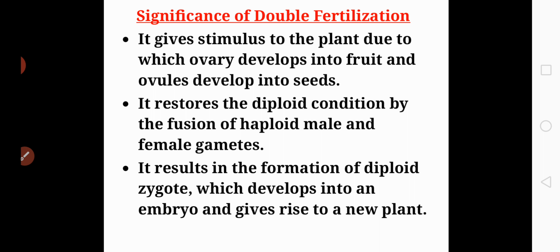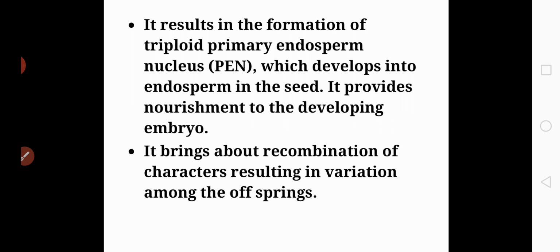It results in the formation of a diploid zygote, which develops into an embryo and gives rise to a new plant. It results in the formation of a triploid primary endosperm nucleus, which later on develops into endosperm in the seed. And this endosperm tissue provides nourishment to the developing embryo.